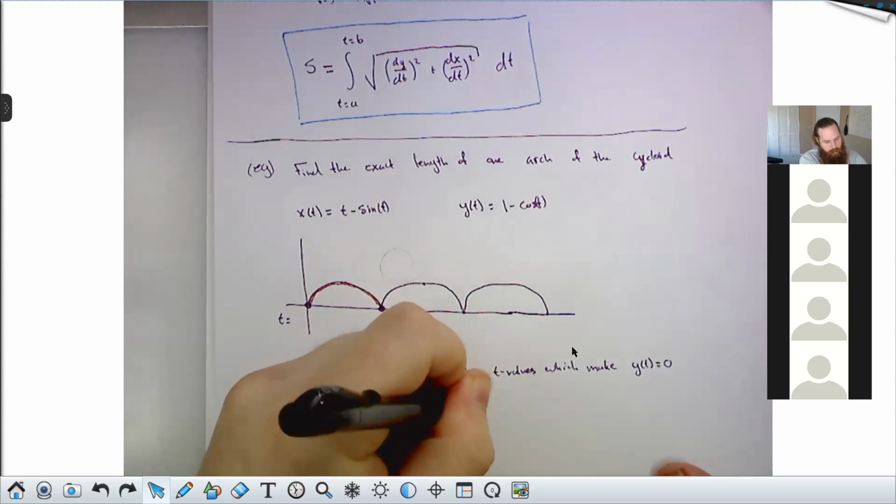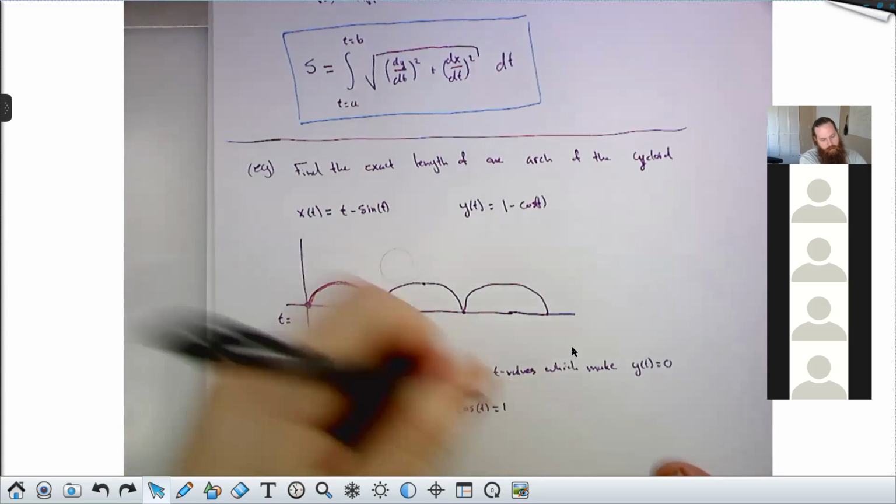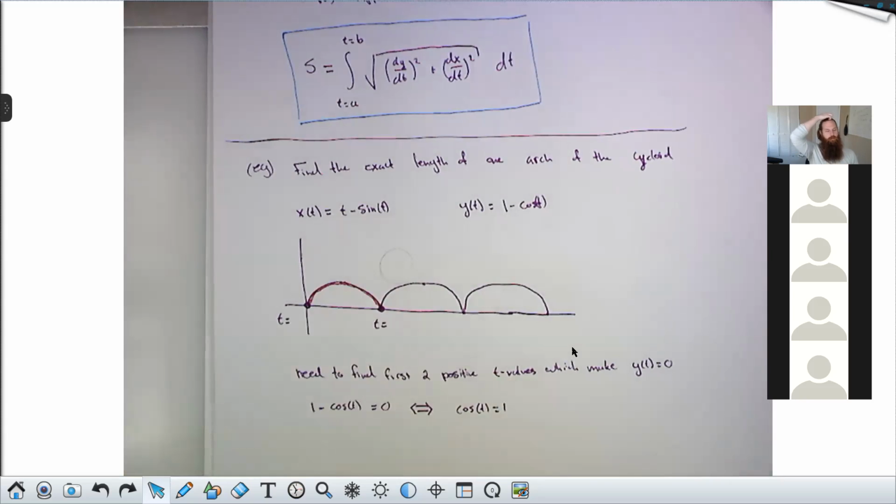So that's the same as saying cos t equals 1. What are the first two positive solutions to cos t equals 1? Where is cosine equal to 1? Pi, and I should say non-negative. Now the cosine of pi is -1, but 0 and 2 pi. Yeah, I shouldn't say positive.